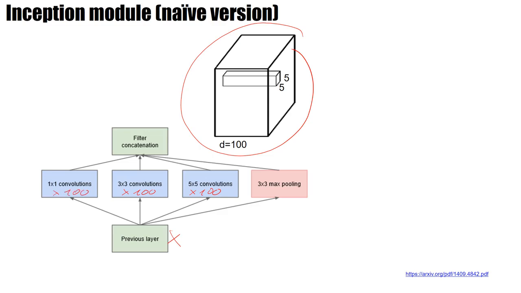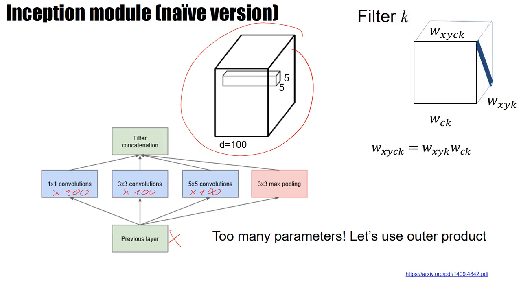So this means very heavy computations. This means many, many parameters. And now we can use the trick of orthogonalization, the outer product trick, and do this as follows.